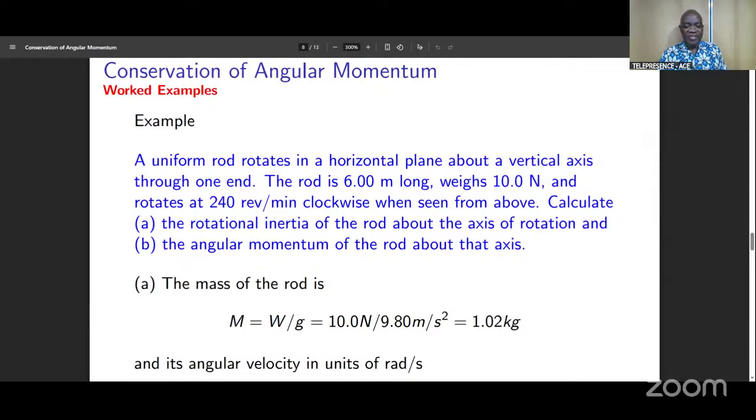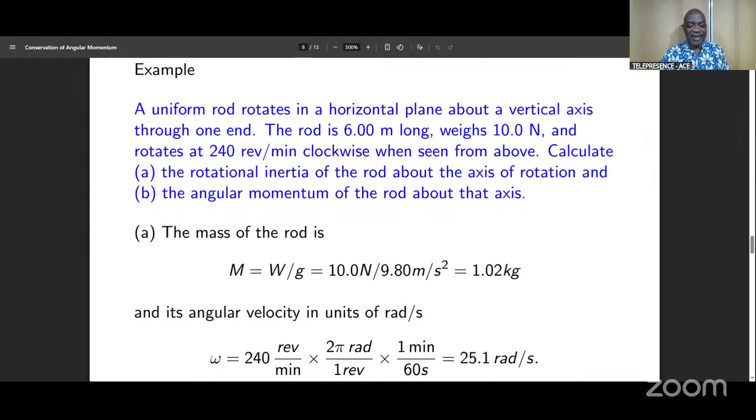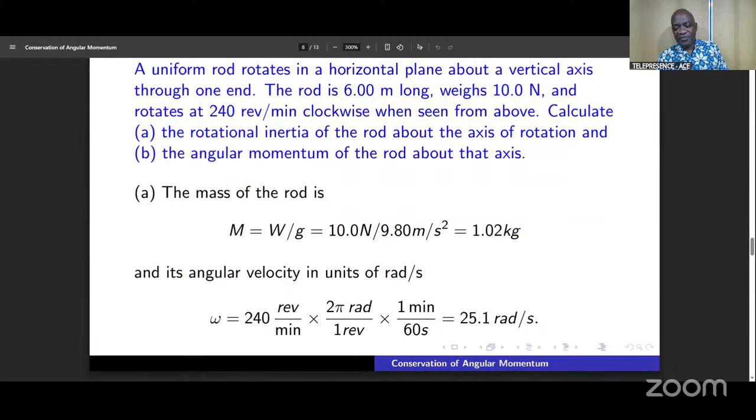So anyway, the mass of the rod is the weight divided by gravity, as you know, which is when you substitute the given value of the weight, and you use 9.8 meters per second squared as the value of acceleration due to gravity.